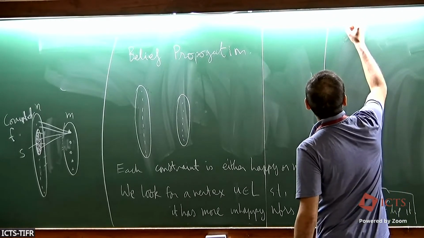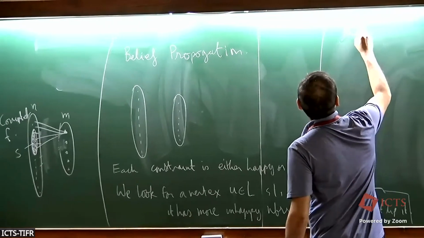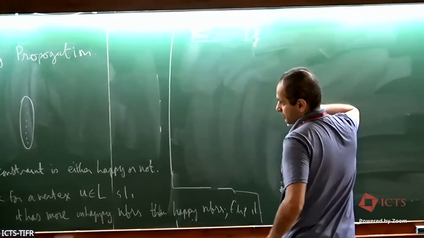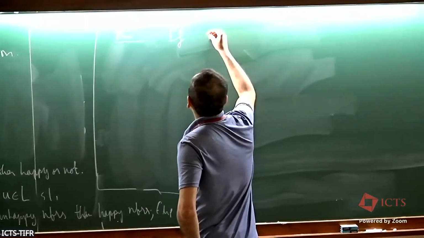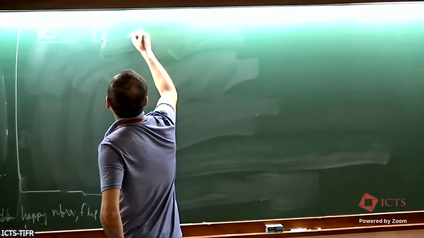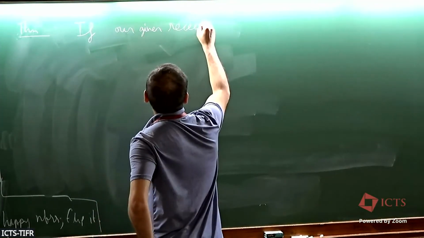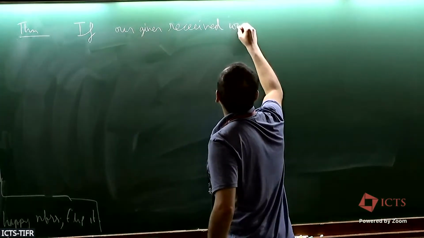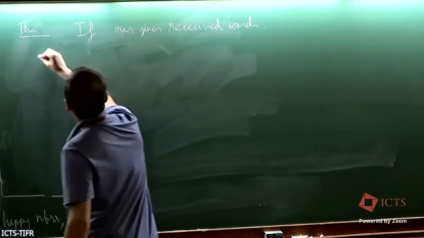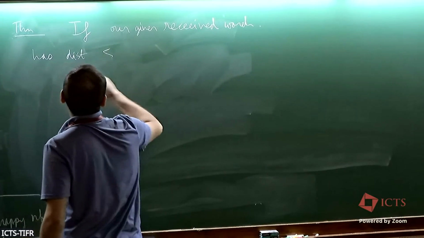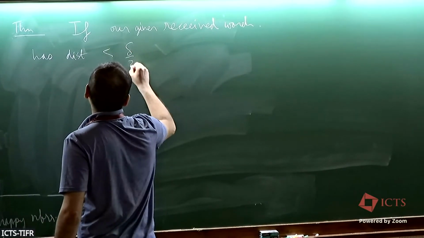Theorem: if our given received word has distance less than delta over 2 n.